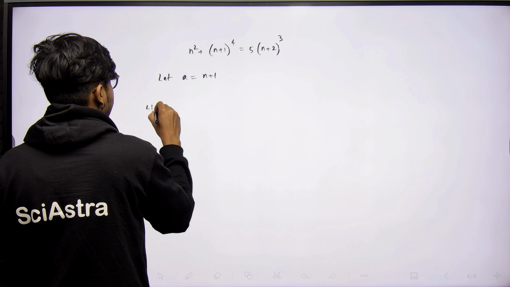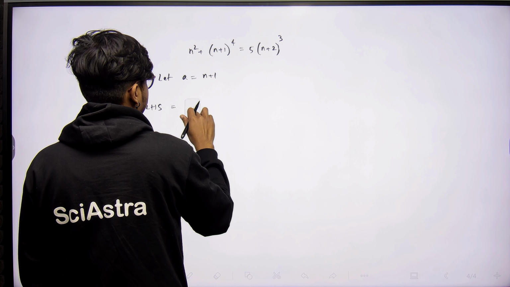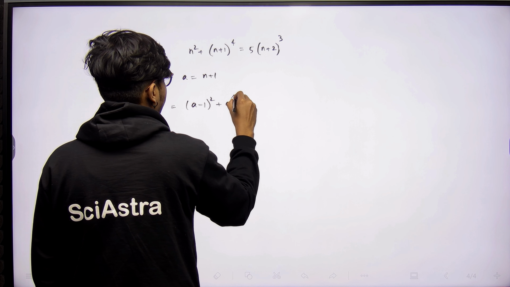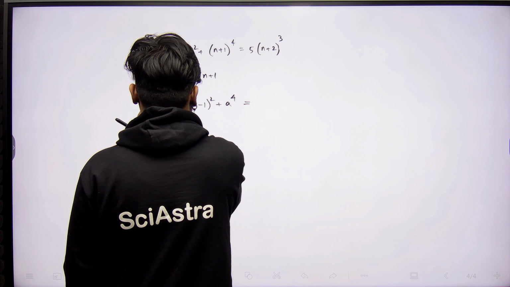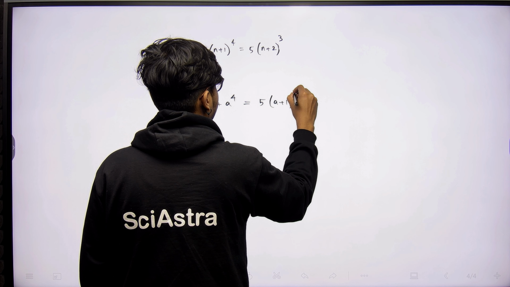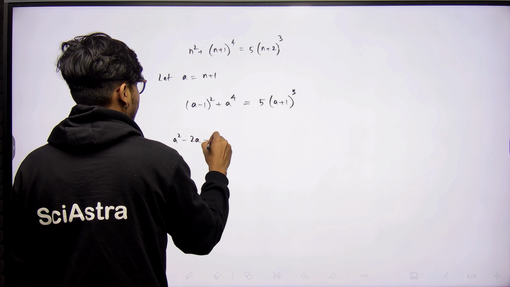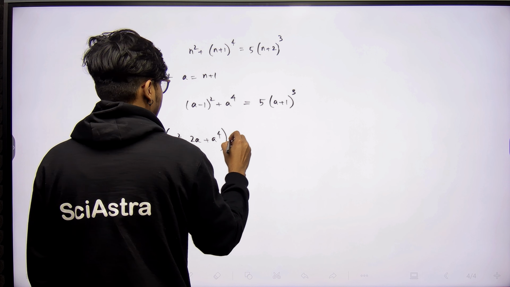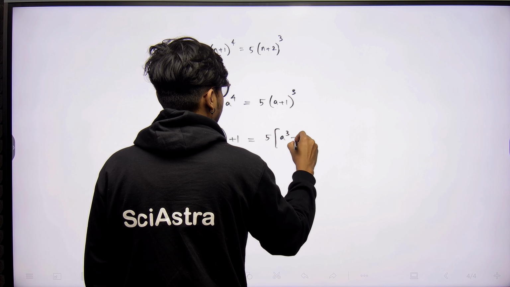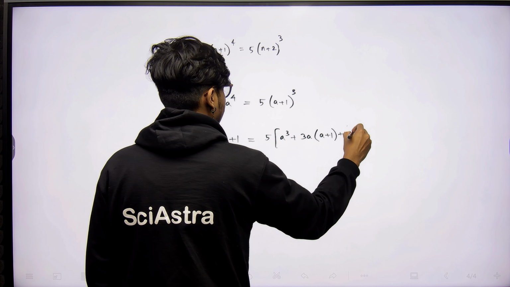So the LHS now transforms to (a − 1)² + a⁴, and the entire equation will transform to this. Now this can be rewritten as a² − 2a + a⁴ + 1 = 5(a³ + 3a(a + 1) + 1).